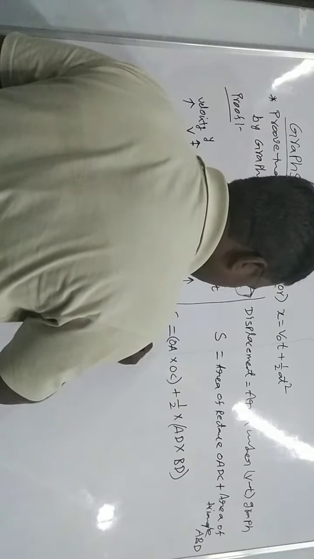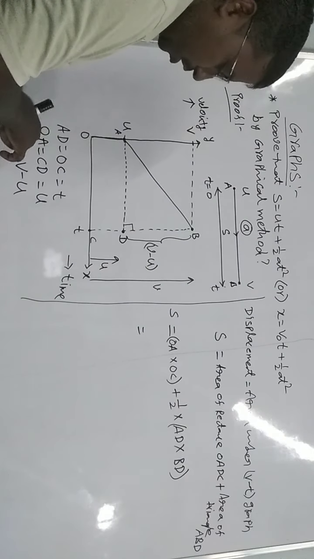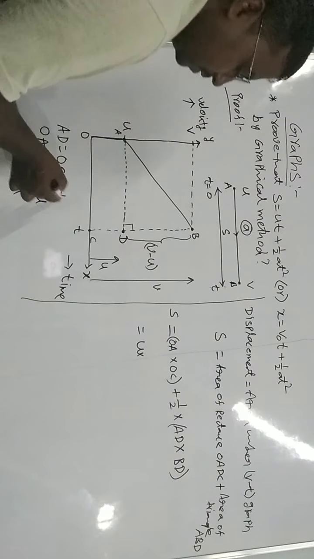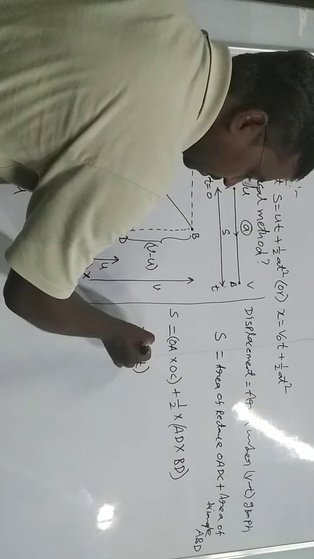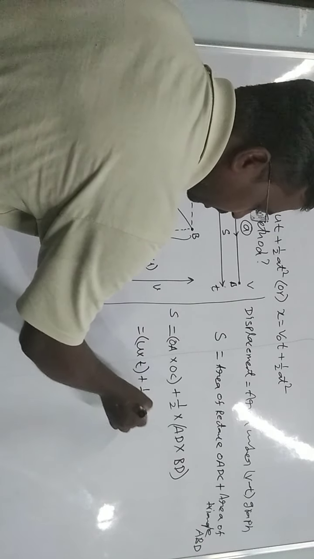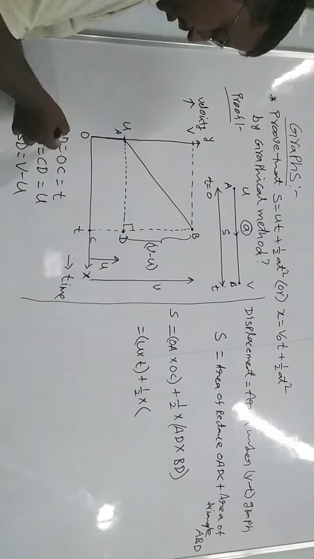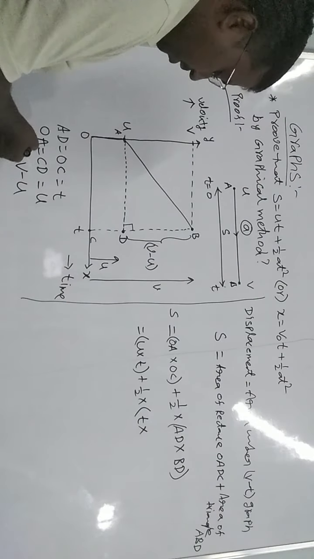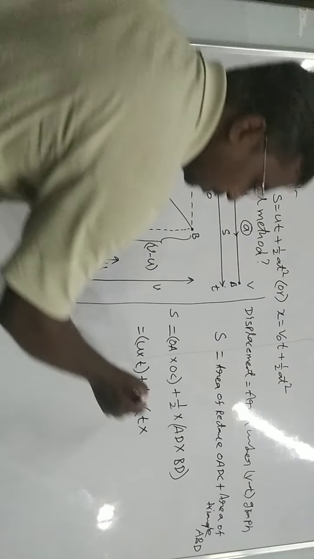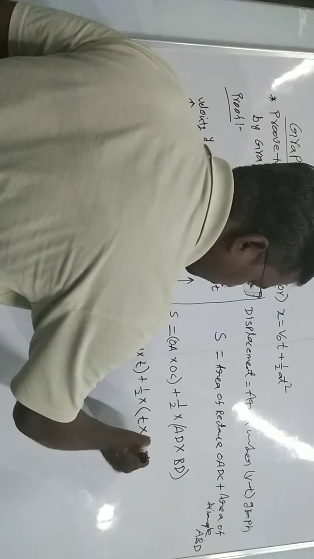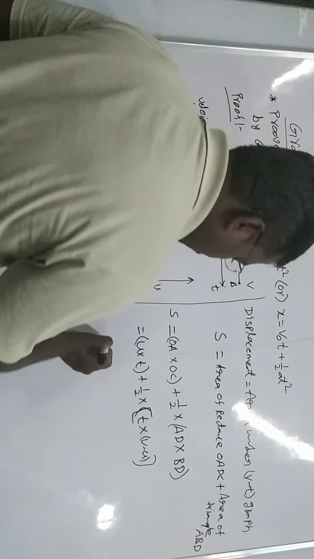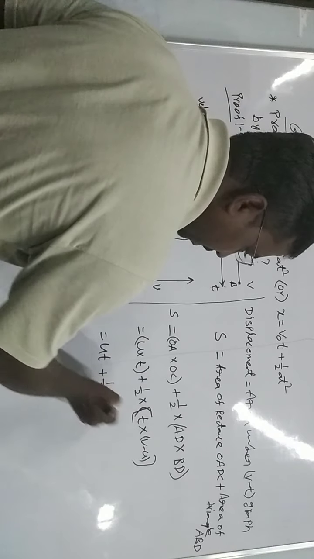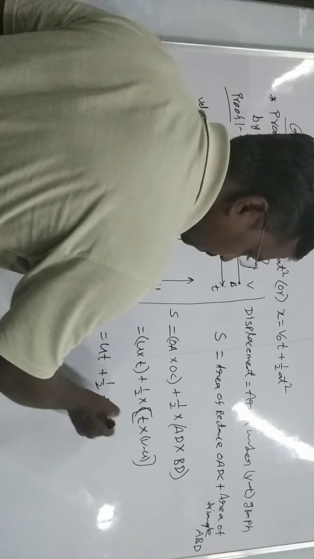Now we write these values. OA is U into OC, and OC is represented by T. That is UT plus half into AD, where AD represents T, the total time, into BD, which represents V minus U. So if you write U into T, UT plus half T into V minus U.